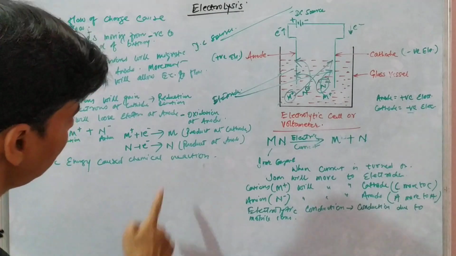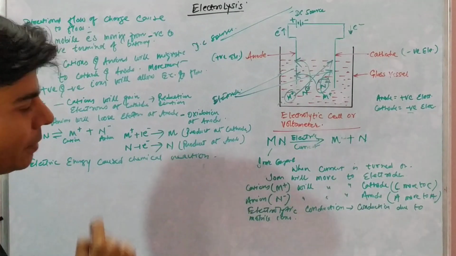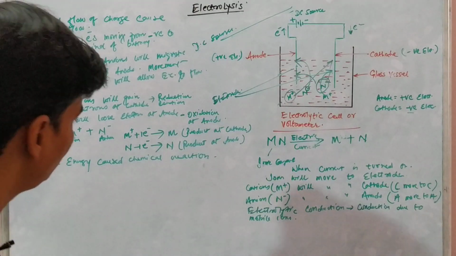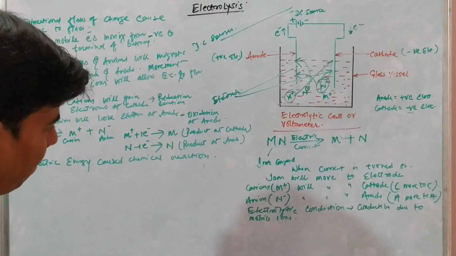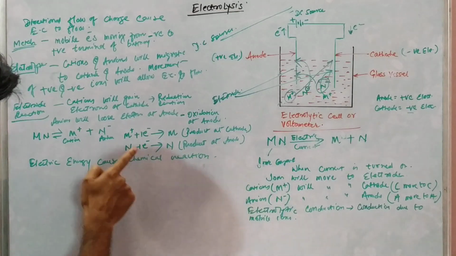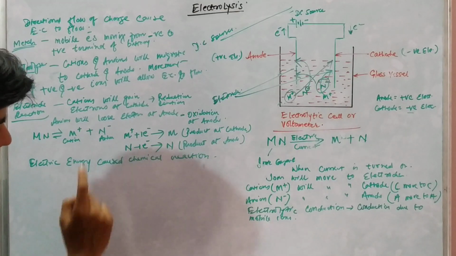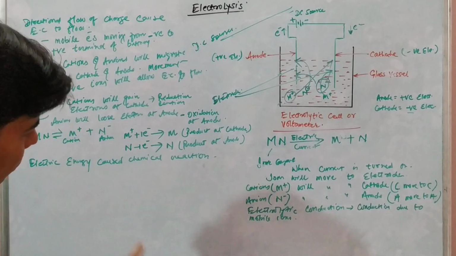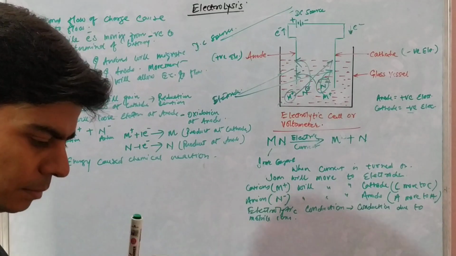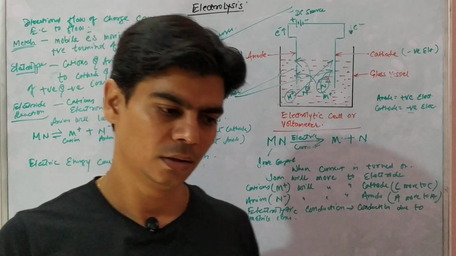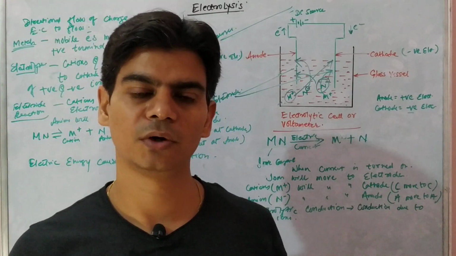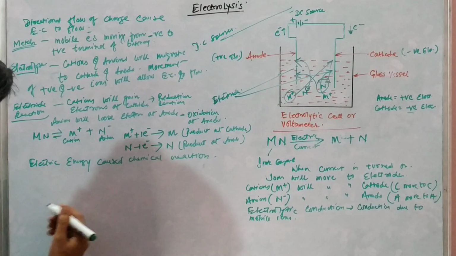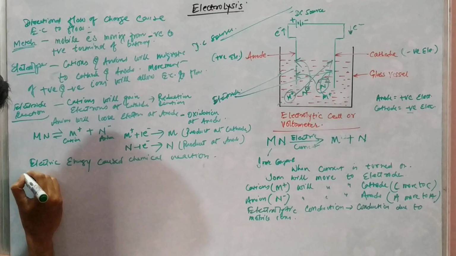So these are the products, M and N. Just notice one thing, that here one electron was gained and here one electron was lost. So this is common in all electrolytic reactions, that the number of electrons lost is equal to the number of electrons gained, right?